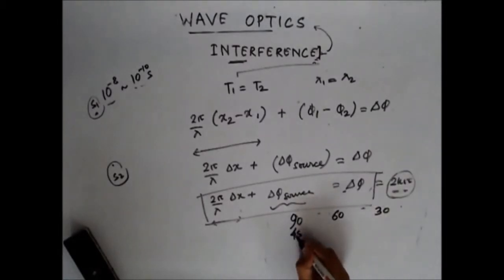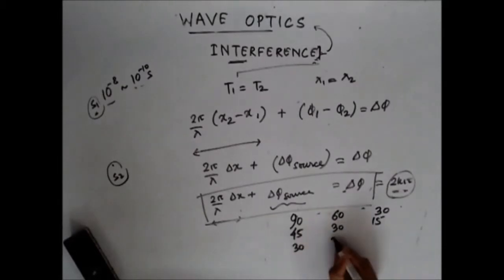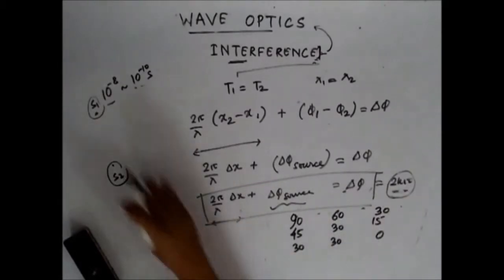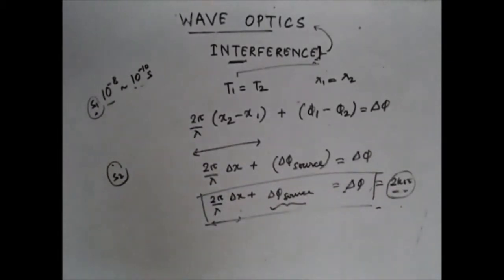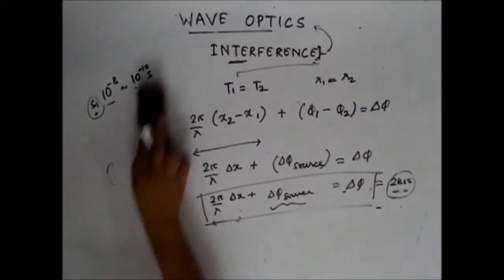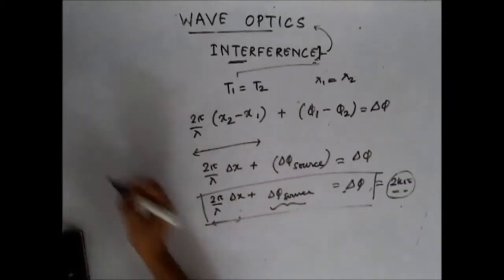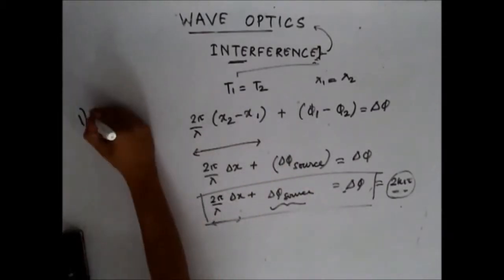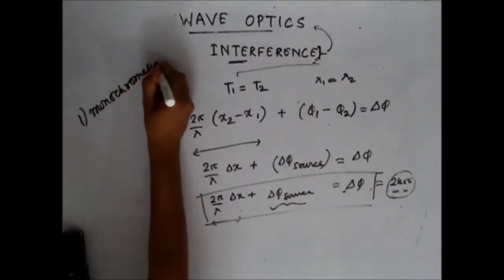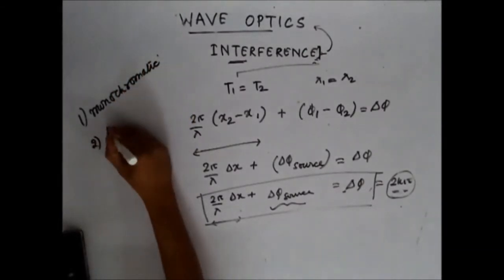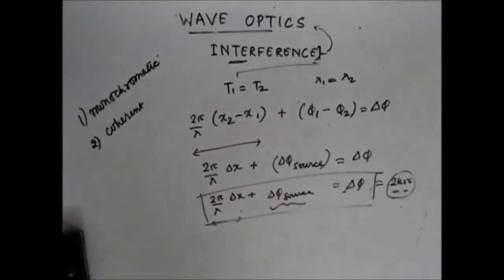This may have a phase of 45, this may have a phase of 30, so the difference is 15. This may have a phase of 30, this also may have a phase of 30, so the difference is 0. So if we take two independent sources, they don't maintain a constant phase relationship between each other. That is why when we take two independent sources of light, we don't get an interference pattern. So the first criterion to get an interference pattern is a monochromatic source, that is of single wavelength, and the second criterion is that the sources should be coherent, that is, they should maintain a constant phase relationship between each other.